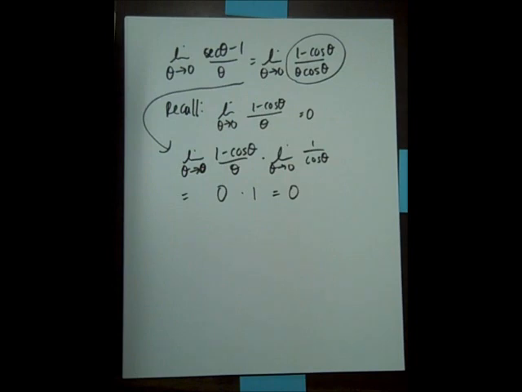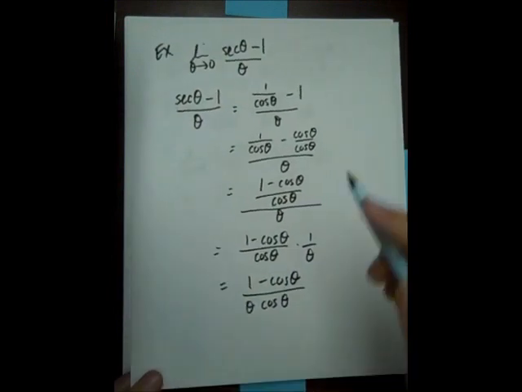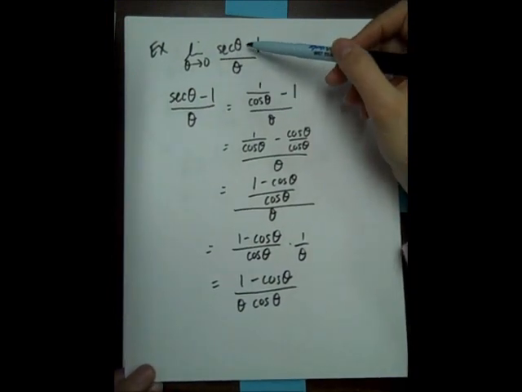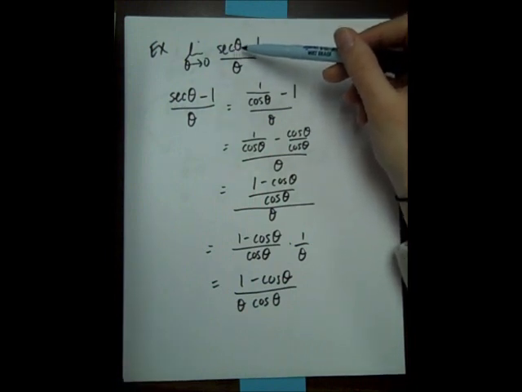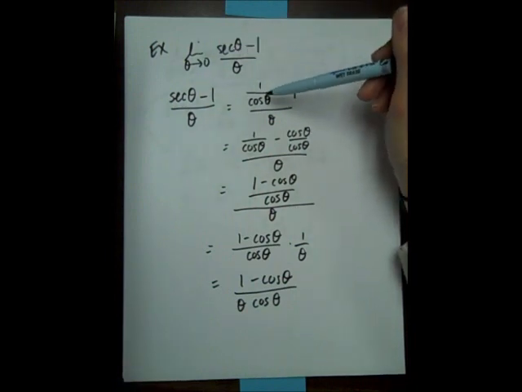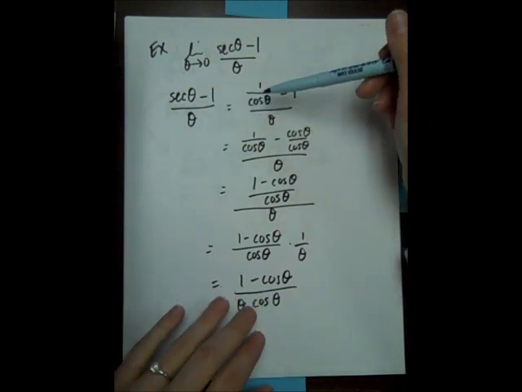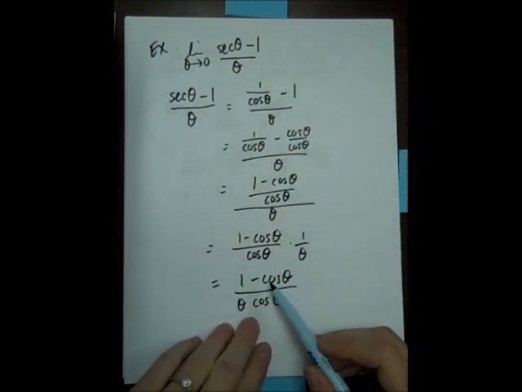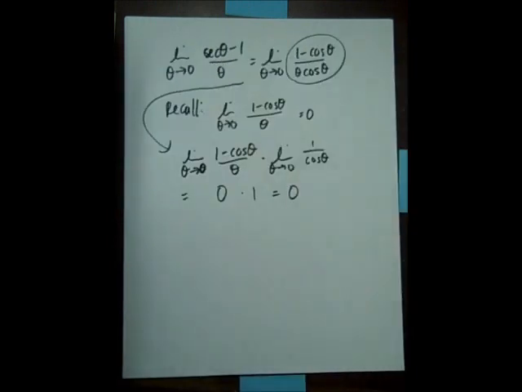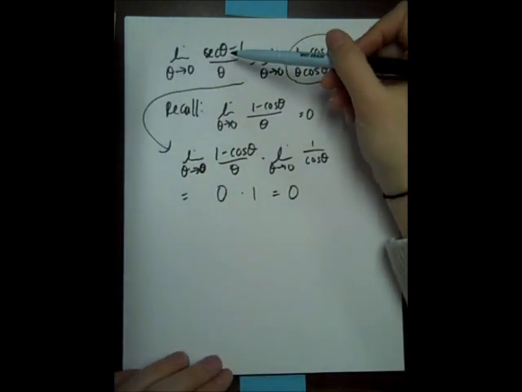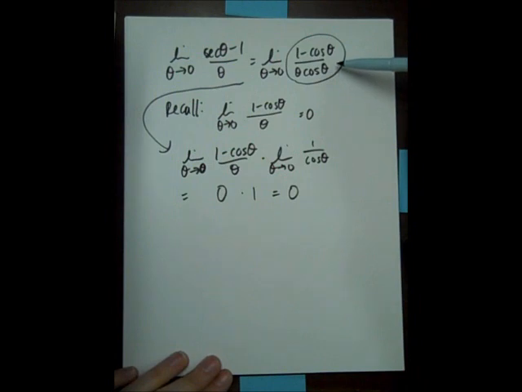Now, how did this actually help me? Let's go through this one more time. I started with the limit as theta approaches 0 of secant theta minus 1 over theta. Don't really know much about the properties of secant theta, so what I did was convert it into cosine. So I rearranged this fraction until I got it just in terms of cosine: 1 minus cosine theta over theta cosine theta. Plug that back into my limit.